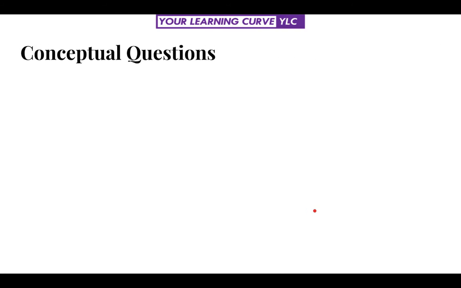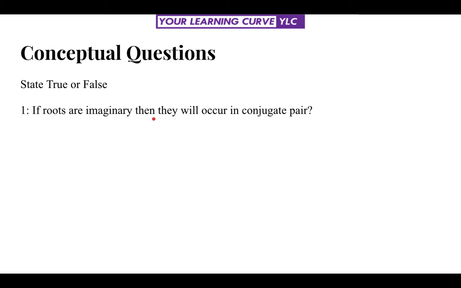Let's do some conceptual questions. These are very important points to remember. First is, you have to state whether the given statement is true or false. The first statement is, if roots are imaginary, then they will occur in conjugate pair. Is it necessary?